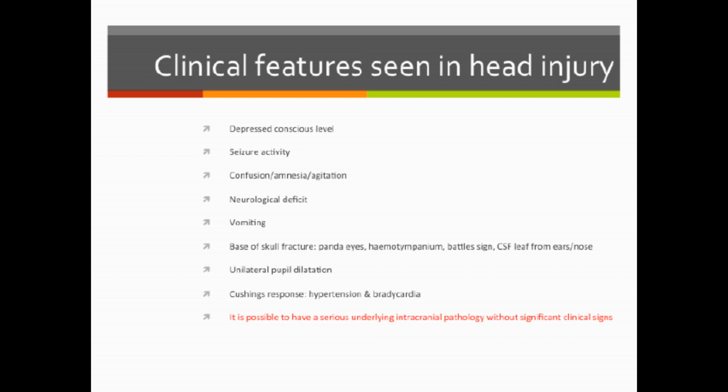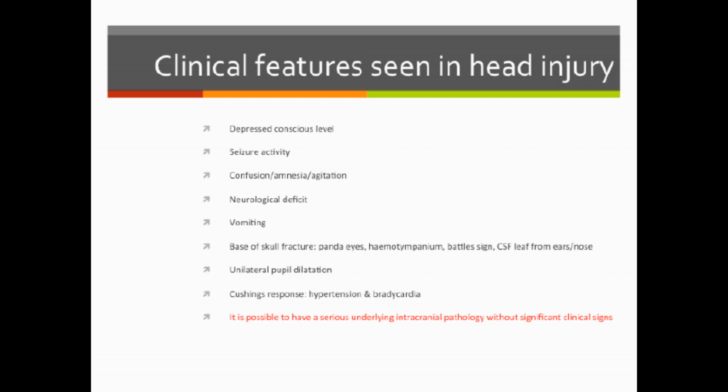It can be difficult to tell when the CSF leak is from the nose, whether it's CSF or not. One subtle sign that you can sometimes see if you look out for it is something called tramlining, where when the CSF is mixed with blood, the blood separates down the periphery of the line of CSF, and it looks like a tram line, which doesn't occur with other fluids coming from the nose.